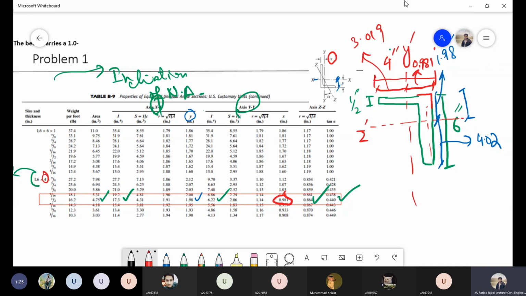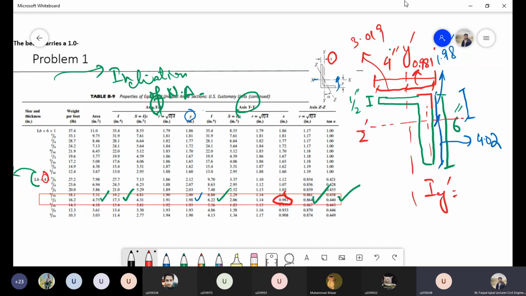Okay, there is one thing that is still remaining. What will be I y dash? You can also get these from the section table. So 6.22.